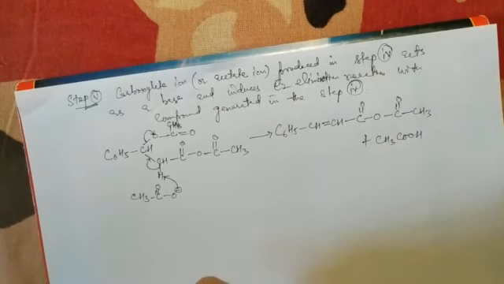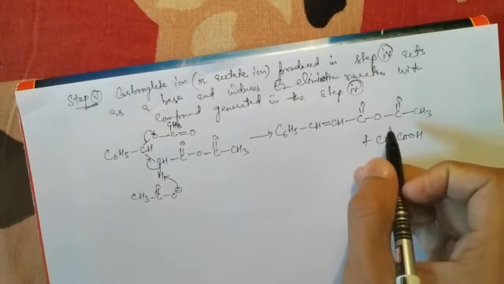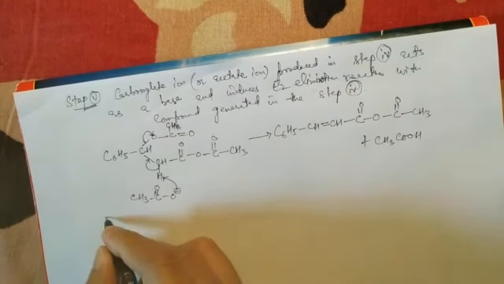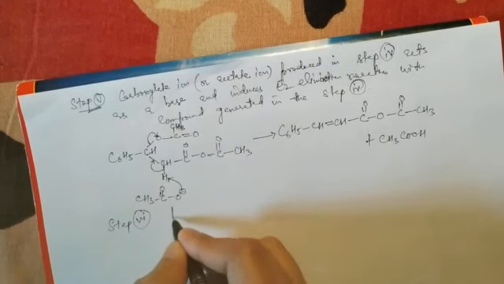Now finally, what happens? The acid anhydride is hydrolyzed in the final step. So finally, what happens in step 6?